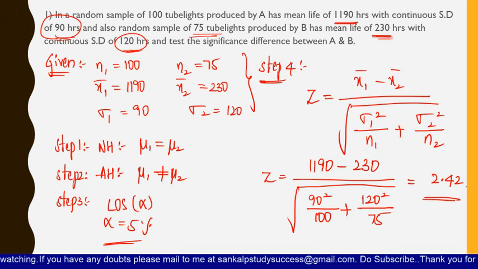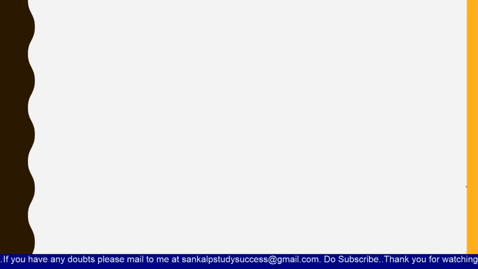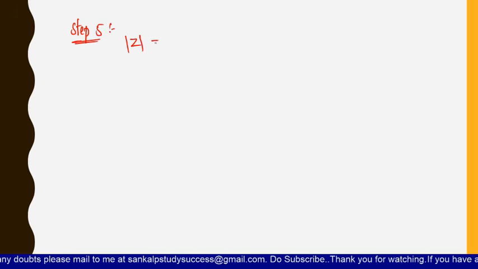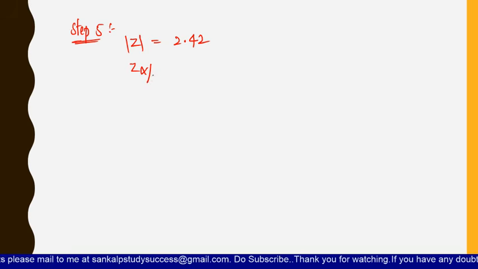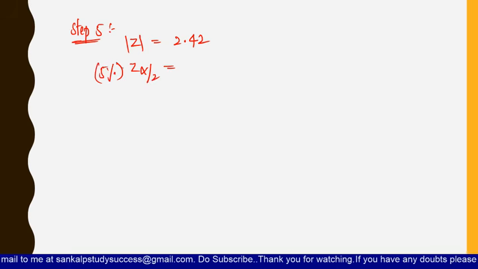Now step 5 is the comparison between the calculated value and the tabulated value. Here, mod z value, just now we got it as 2.42, and z alpha by 2 value at 5% level of significance, because we have taken alpha as 5%, is 1.96.